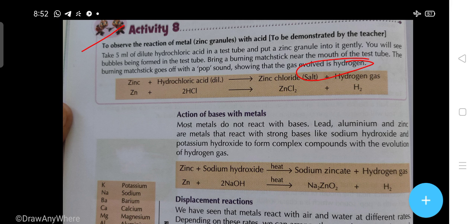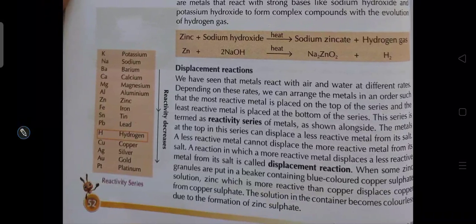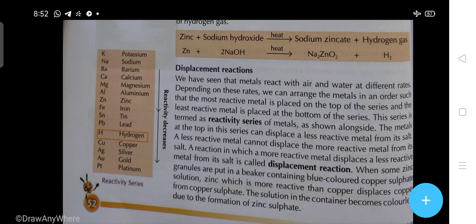Now the displacement reaction. Students, in a displacement reaction a more reactive metal will displace a less reactive metal.